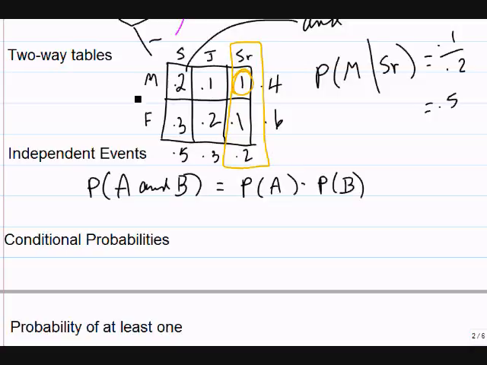So male and senior is 10%. Is that equal to probability of a male, 0.4, times the probability of a senior? Are those equal? Not equal, then not independent. Okay?